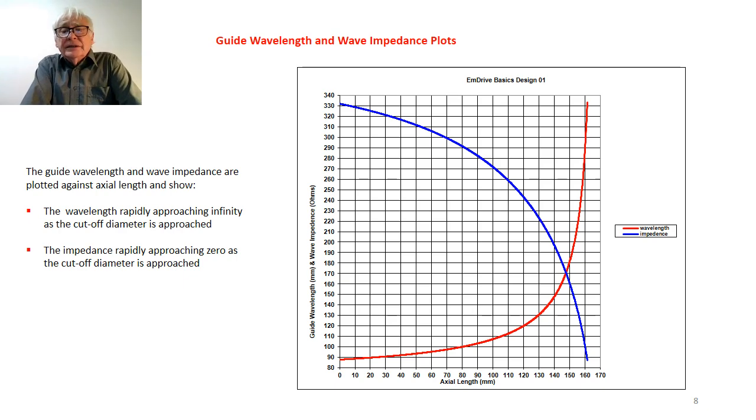It is all part of any engineering design, if you can, to get a feel for how parameters change as you vary the input conditions. You can see with anything approaching cutoff conditions within a resonant cavity, things change very rapidly indeed. And you need to understand this to get a feel for the design of the cavity that you are producing.